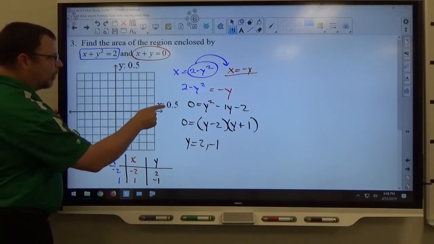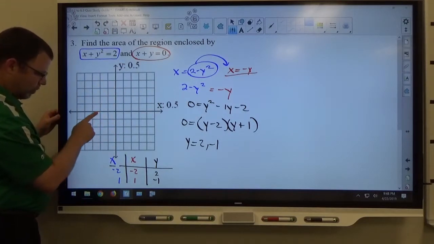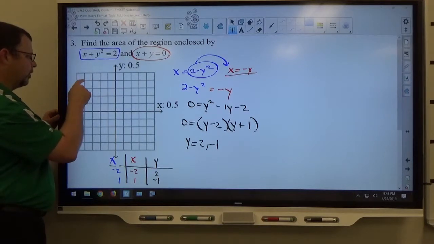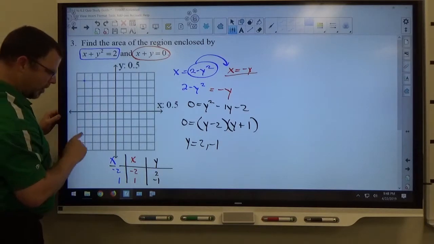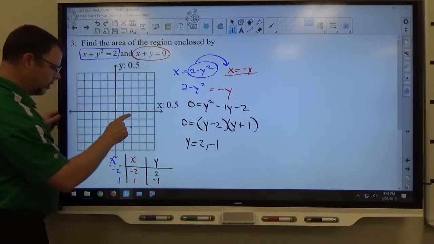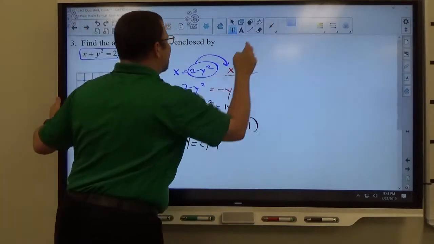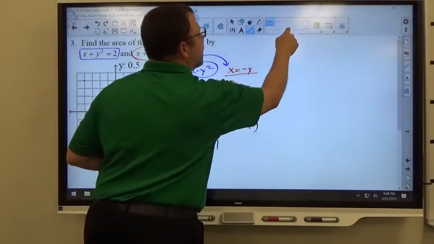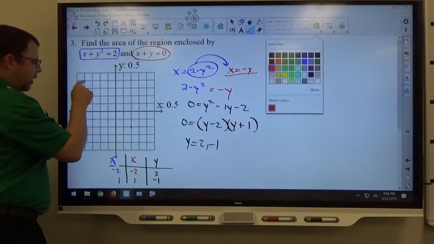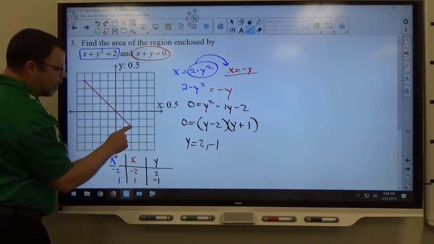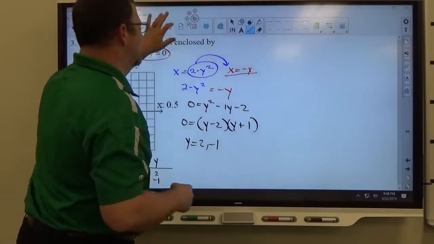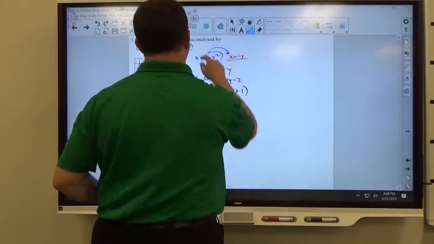We have a 0.5 to 0.5 scale here, so negative 2, 2 is a point of intersection on both, and 1, negative 1 is a point of intersection on both. My red function is a line, so connecting those two dots, there's my red function. The blue function's a parabola, so I'd like to get a couple extra points just to reinforce what the parabola looks like.